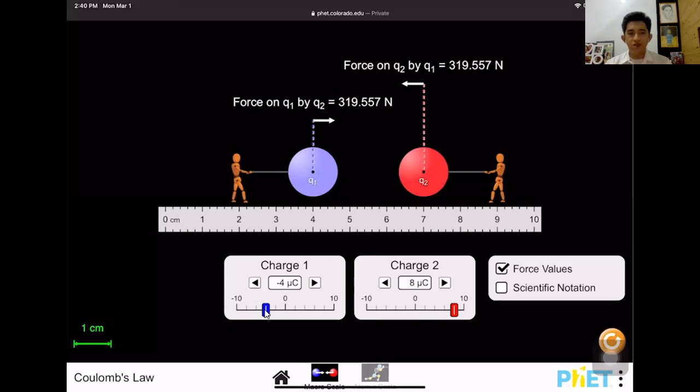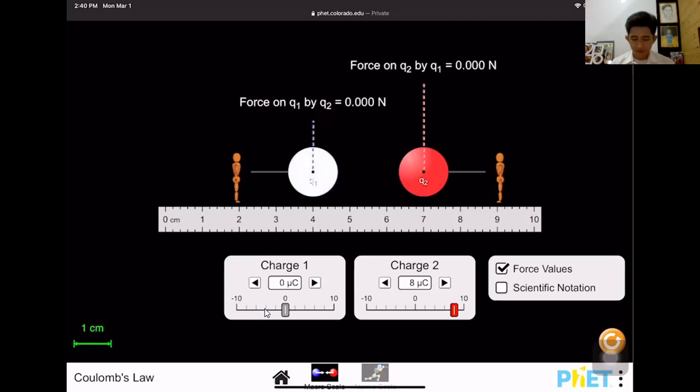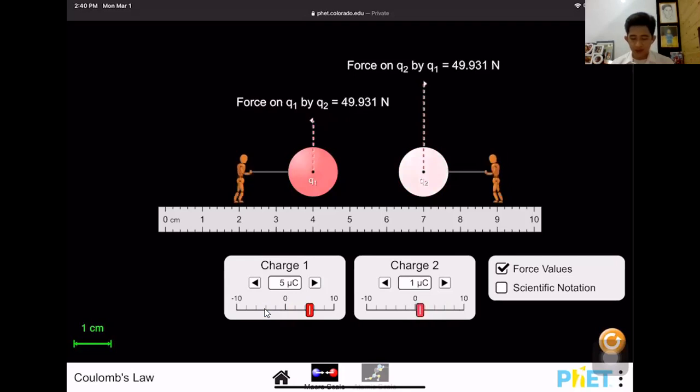If we make the charges equal to 0, so there's no charge at all, both charges are zero. If I have, for example, a 5 microcoulomb charge for charge 1 and another 5 microcoulomb for charge 2, you notice that the vector arrow here is pointing to the left while the arrow here is pointing to the right.